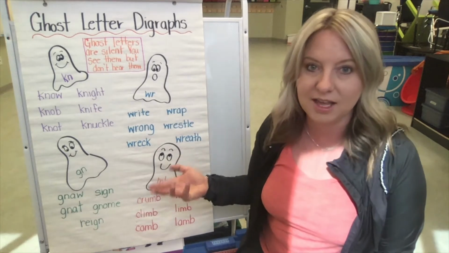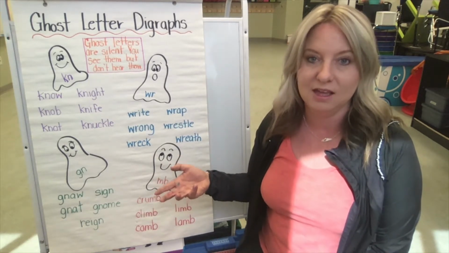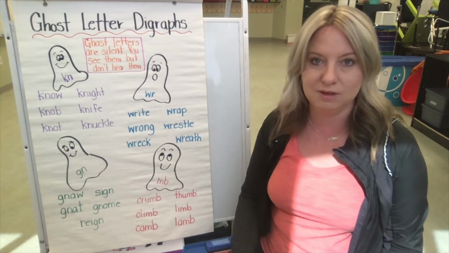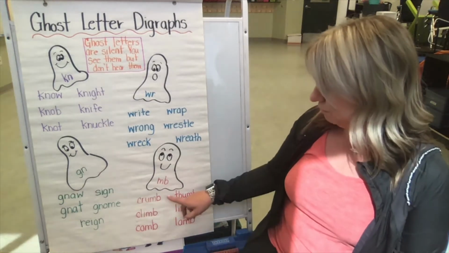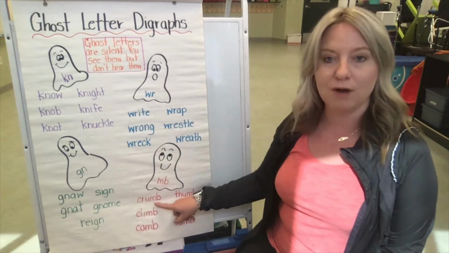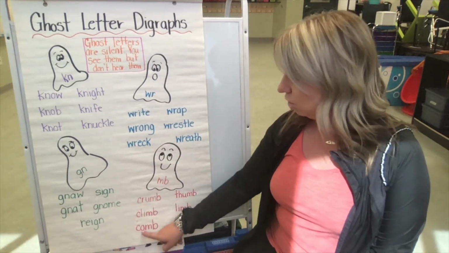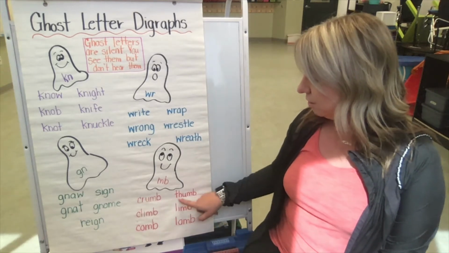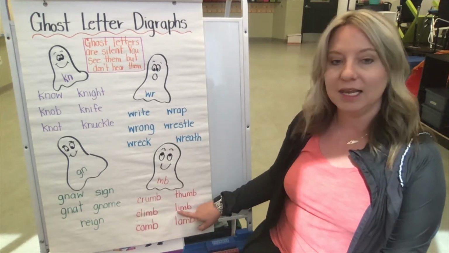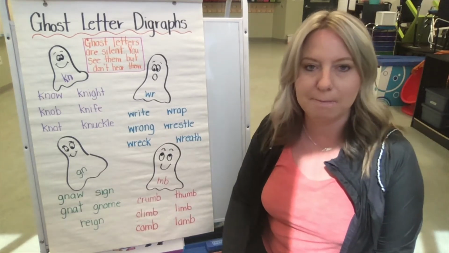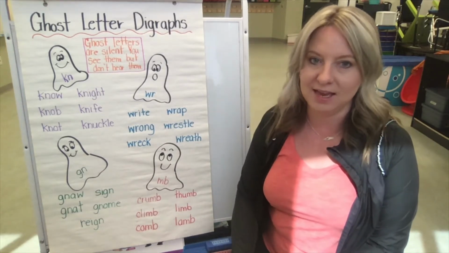So again, our English language is really tricky because the rules don't always work and we just need to remember these tricks. So for example, crumb, climb, comb, thumb, limb, and lamb. You don't hear a b sound at the end.